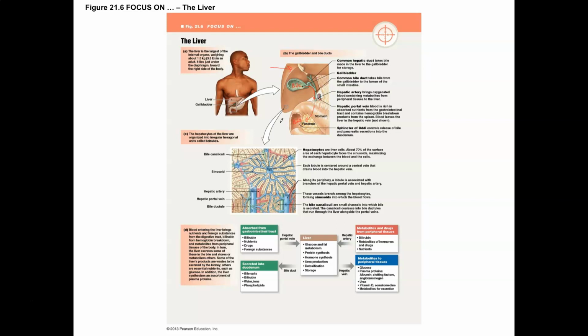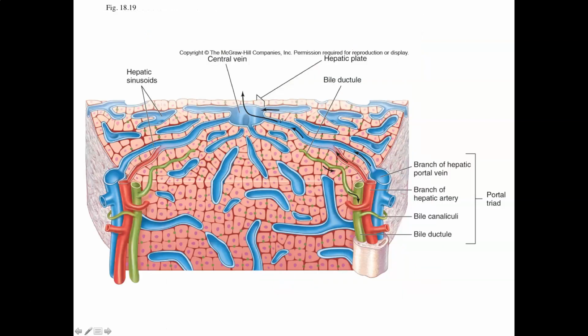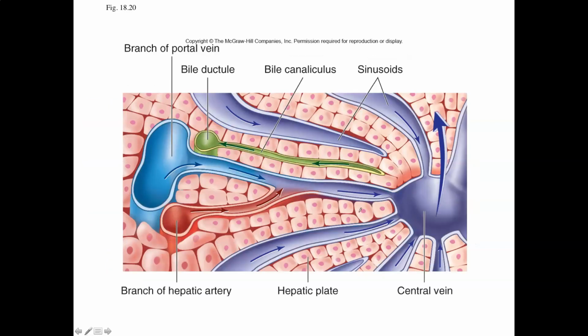If you look at where bile is coming from, it's coming from the hepatocytes of the liver. It's being dumped into these bile ducts and collecting eventually into the gallbladder. But what's in bile and what do we use it for?